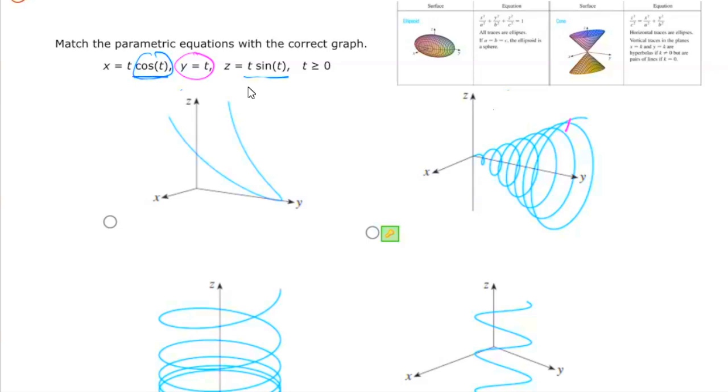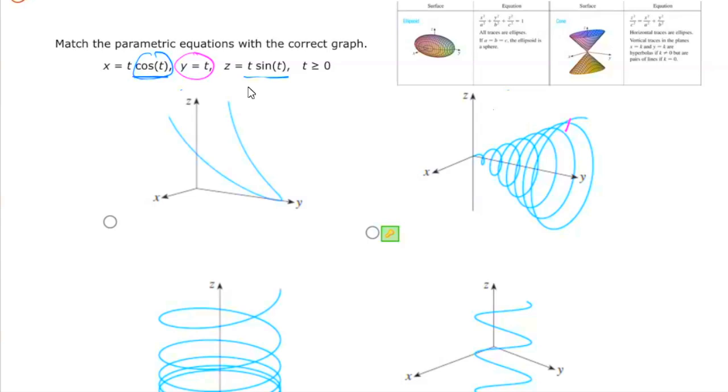Okay, they're all circles. But as t increases, as the y increases, what happens to the circle? The radius of the circle also increases, right? So as y increases, the radius of the circle also increases. It goes like this, bigger and bigger circles as y increases, right? And because t is greater than or equal to 0, we only get this part right here. y is greater than or equal to 0.